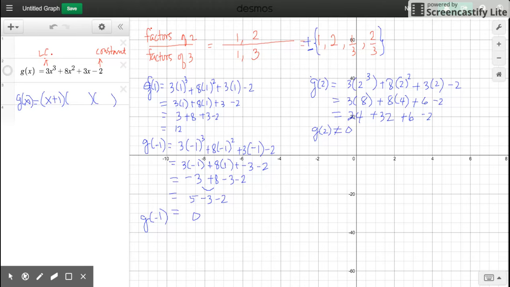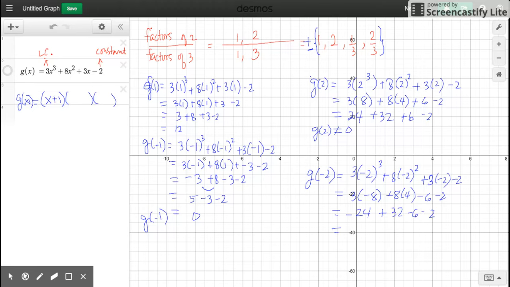So let's find out if g of -2 is a 0. So we'll have 3 times -2 cubed plus 8 times -2 squared plus 3 times -2 minus 2, which is 3 times -8 plus 8 times 4 minus 6 minus 2, which is -24 plus 32 minus 6 minus 2.